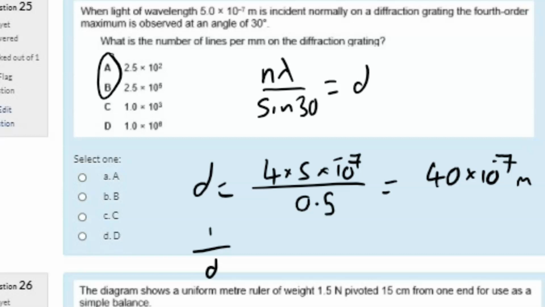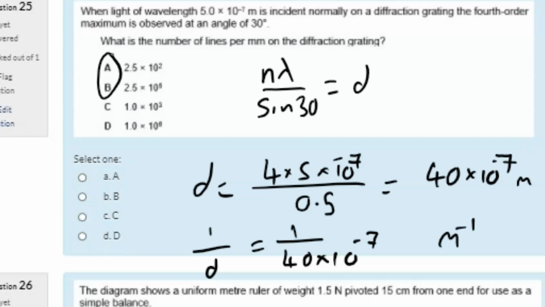It's not going to be C or D, so we just need to get our powers of 10 sorted out, don't we? So equals 1/40 times 10 to the 7, and this would now be in meters to the minus 1.